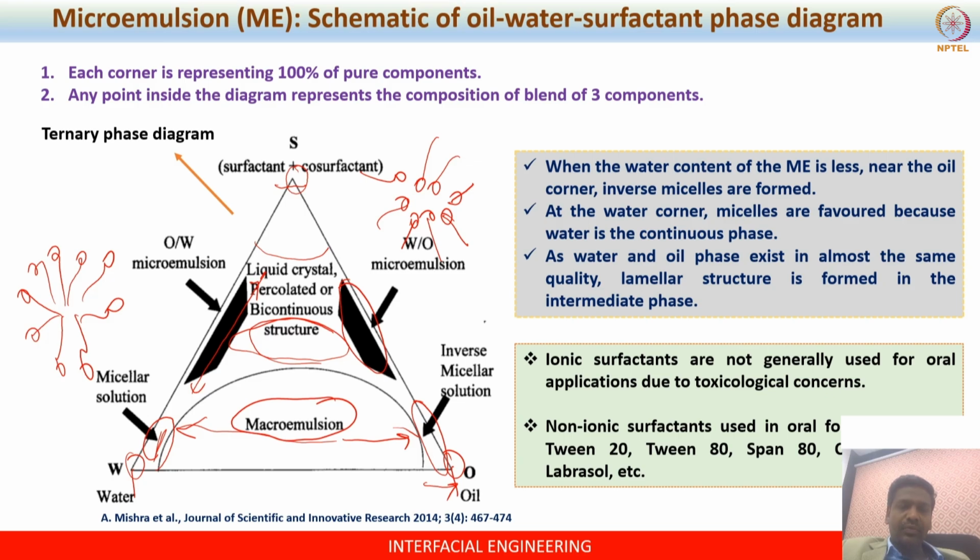This is very useful when we are dealing with formulation and things like that. When you want to prepare a particular product, a particular state, when you want to design such a product, then you can refer to this phase diagram.